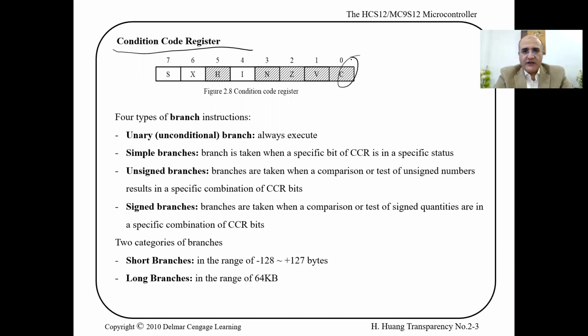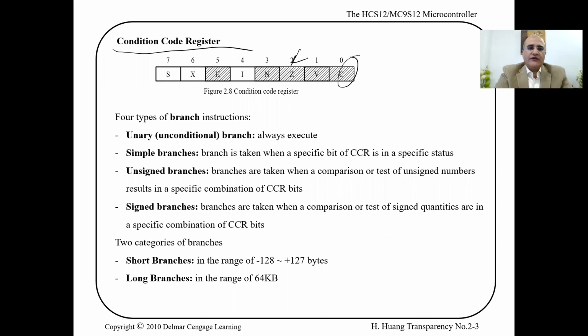And all these shaded flags are things that you can use to branch. The unshaded ones are not used for branching, but for interrupts, external interrupts, etc. So with the carry flag, you can branch if there is a carry or not. You can branch if there is an overflow or not. You can branch if the result is 0 or not, and so on.